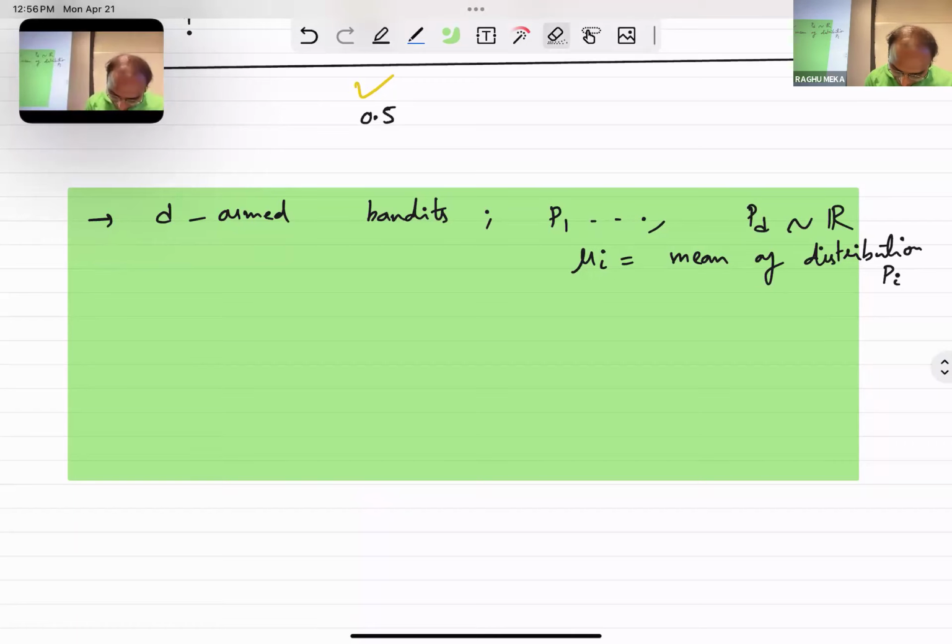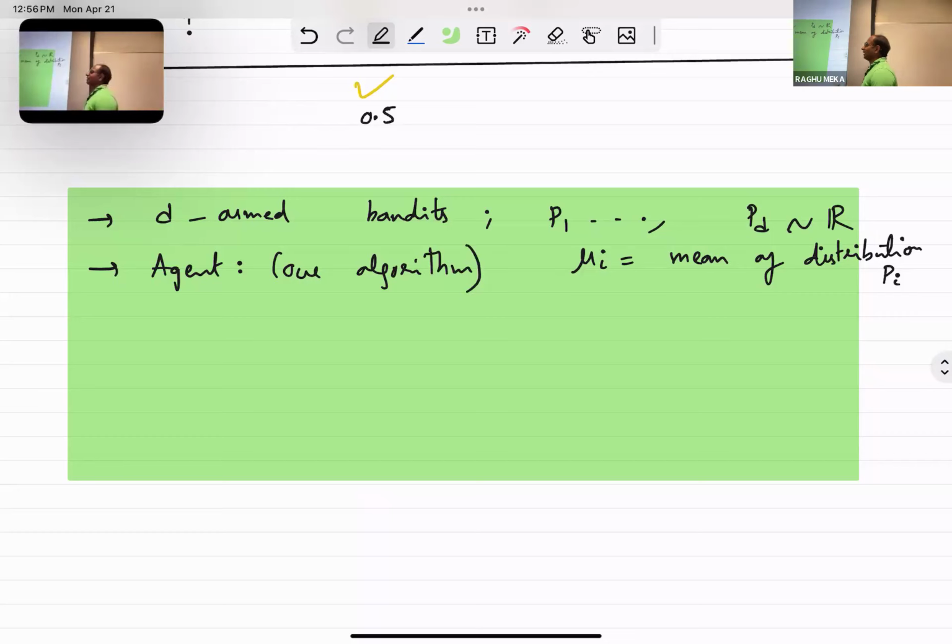And now we have our agent, aka our algorithm. As our algorithm, our agent has to make one of these choices on each day.